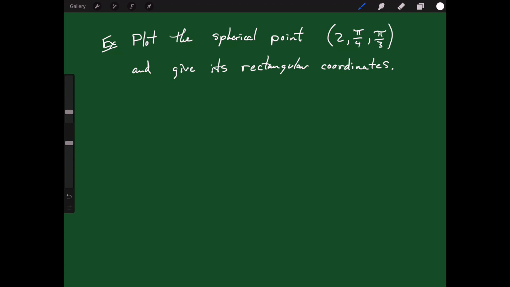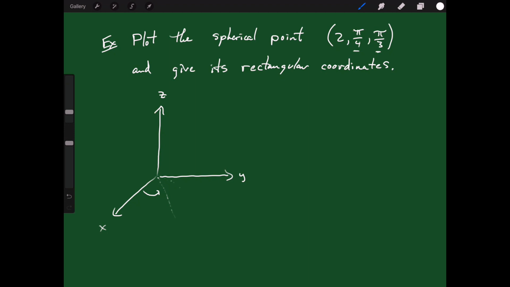Okay. So first of all, let's plot that. Let's draw our three-dimensional axes. Here's x, here's y, here's z. So pi over 4, that's my theta. So pi over 4 says go through an angle of pi over 4, which would look about like this. And then phi says drop down an angle of pi over 3 in that direction.